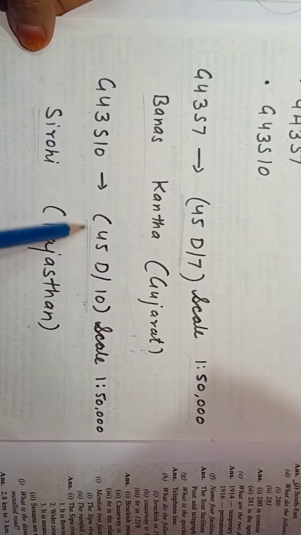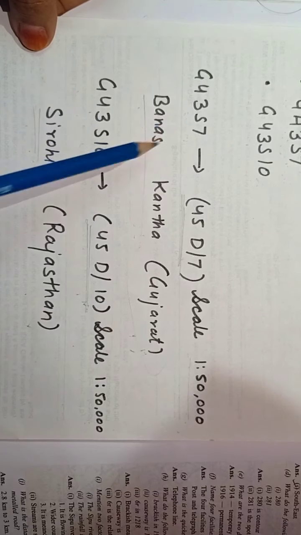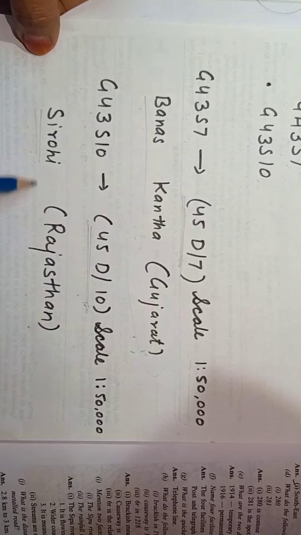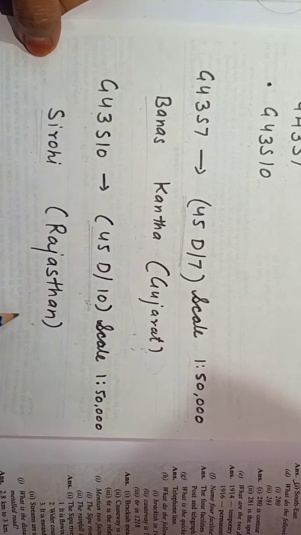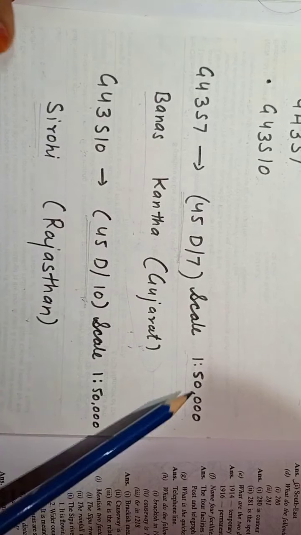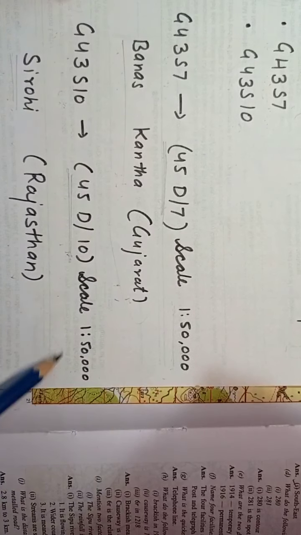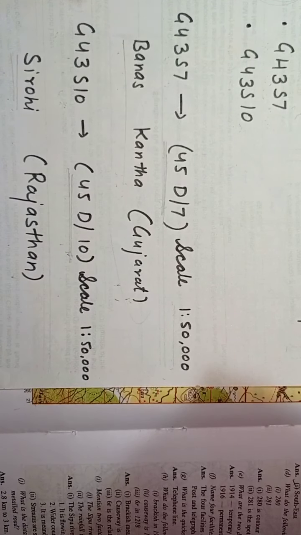Only this number is changed. And in G43S10 we will talk about Sirohi. This Sirohi is a part of Rajasthan. The scale of both the maps is 1:50,000.